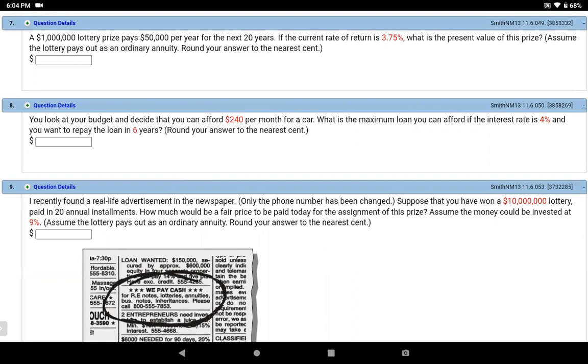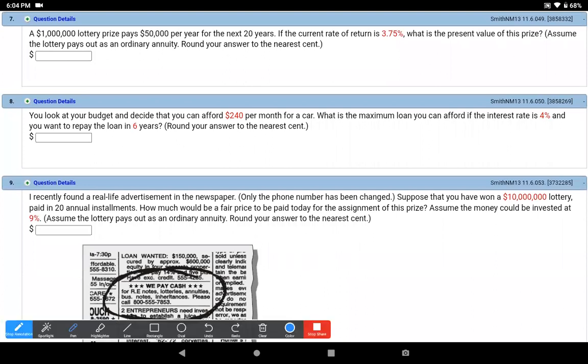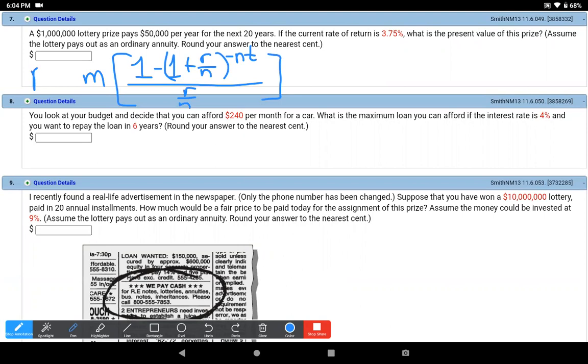So here we have the present value of annuity formula that they've given to us in this chapter, right? So we're just going to use that formula. M times 1 minus quantity 1 plus R over N raised to the negative NT all over R over N. And that's going to equal the present value, which is the question, right?